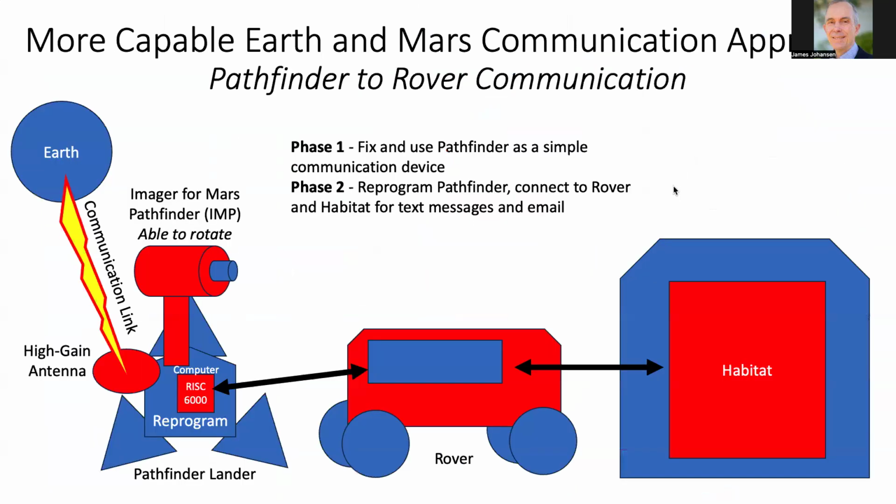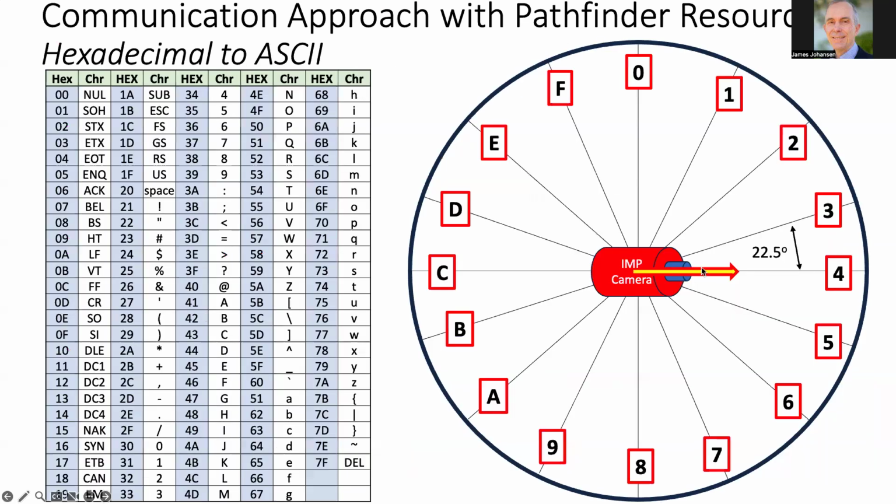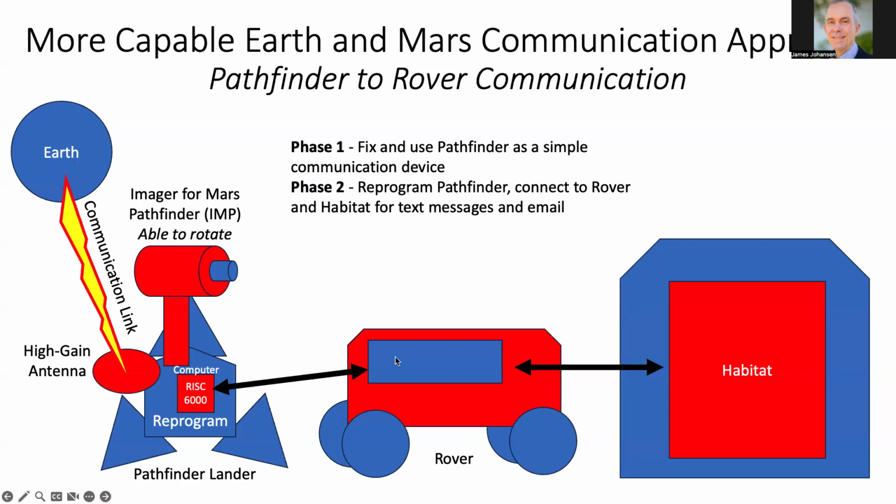having communication. And then here is phase 2, where, okay, now we have this communication. We're going to get it so we don't have to be using this way of using the IMP camera, but we're going to reprogram this RISC 6000. And so this is a central processing unit. Here you can be seen in the MAV, what was the imager for Mars Pathfinder, IMP. And so you're going to be using the Deep Space Network to communicate here.